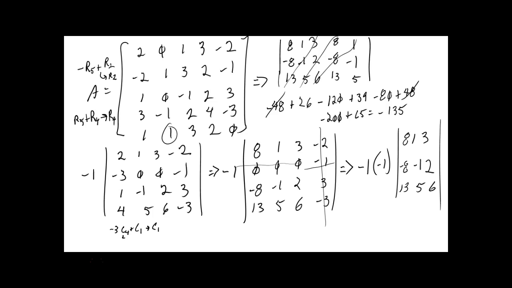Oh, they did something else here. I'm trying to see what it is. They also eliminated some down here by doing the second row and the fifth row.